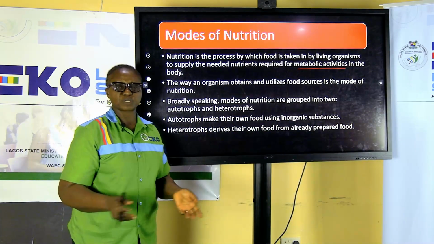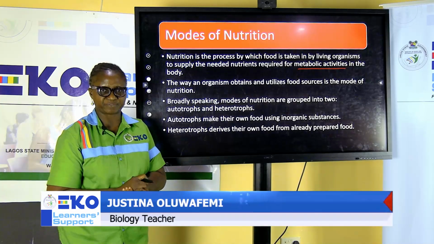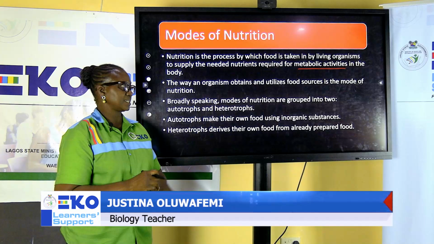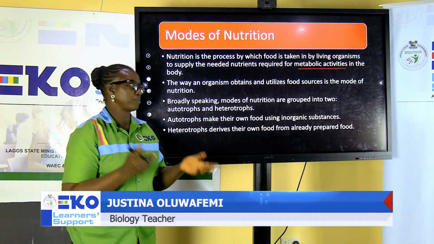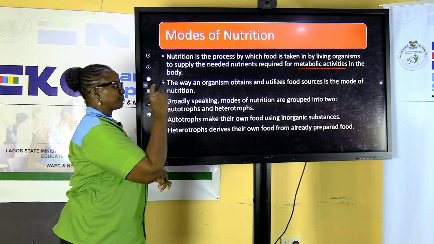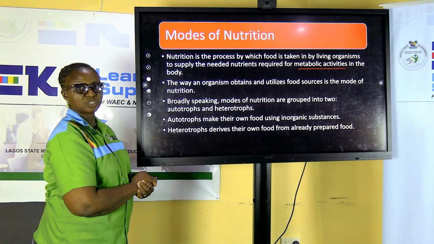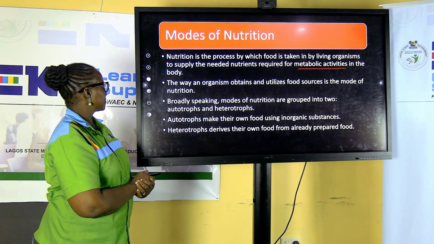These are different characteristics or processes of life, like movements, irritability. We are looking at nutrition that is carried out by living things. So the food nutrient is required for all the various activities that we call metabolic activities.